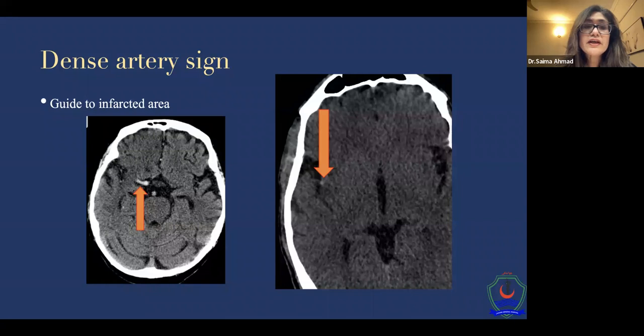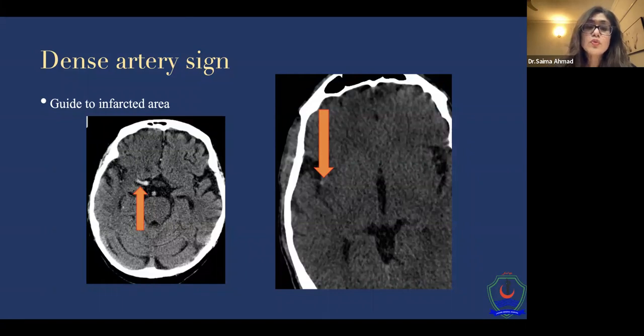Now, the dense artery sign, as I said previously, is not pathognomonic, but it guides you to look into the site of the occlusion. For example, this is the dense vessel sign. It depicts that there is an MCA occlusion, and then you look into this hemisphere. The dense vessel sign is more easily picked up before 6 hours because more RBCs are there.